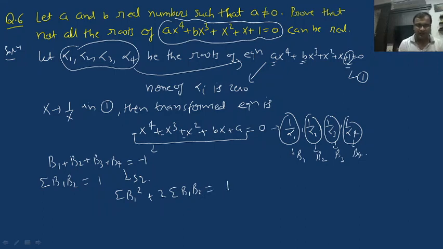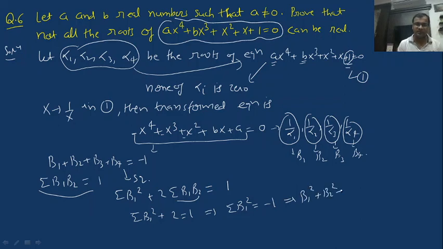And sigma beta 1 beta 2 is what? This quantity becomes 1. Therefore, sigma beta 1 square plus 2 equals 1. This implies sigma beta 1 square is minus 1. That is, beta 1 square plus beta 2 square plus beta 3 square plus beta 4 square equals minus 1.